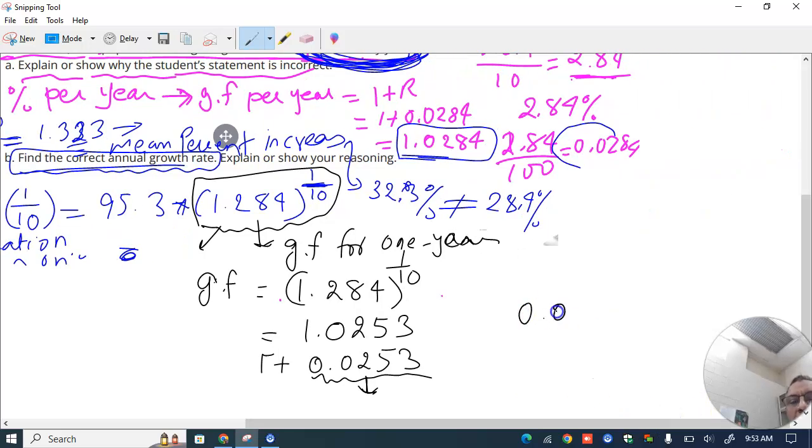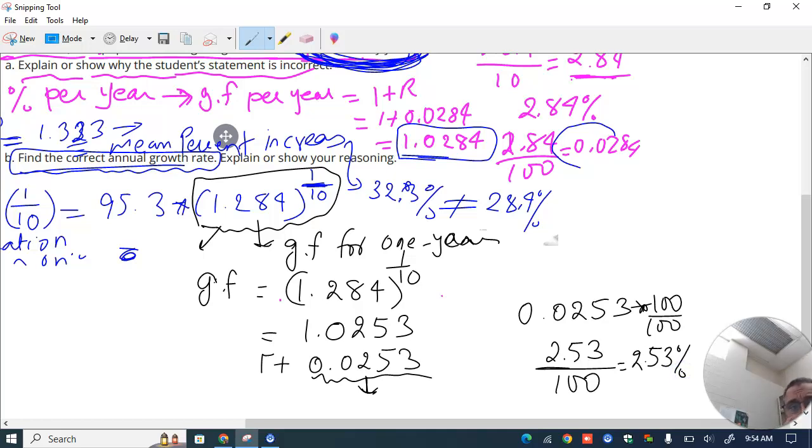So 0.0253, if I multiply by 100 and divide by 100, you get 2.53 divided by 100, which is 2.53%. So each year, the percent increase is 2.53.